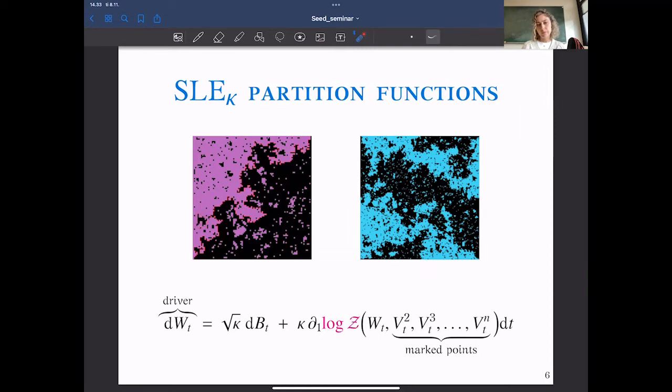And this SLE type curve that shows up in the limit is the particular one, which I impose has to connect two boundary points in such a way that I sample my model inside with the boundary condition that all the spins here are plus. So let's say plus is the purple. So here are supposed to be kind of lattice points, plus, plus, plus. And here they are minus, minus, minus.